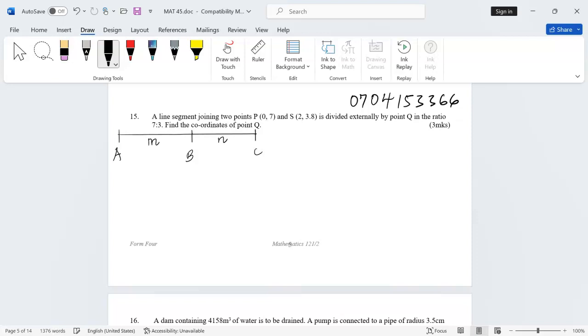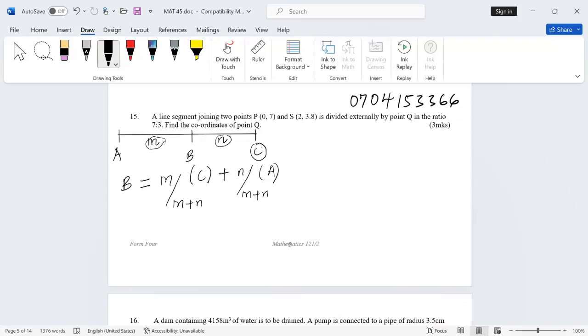M is to N. We usually say that the coordinates of B, which is the middle coordinate, according to the ratio theorem, will be given by the ratio M out of the total proportions M plus N multiplied by the coordinates of C, plus the ratio N out of the total proportions M plus N multiplied by the coordinates of A. Now this will give us the coordinates of B. That is, if this is proportions on this side, then they will multiply the coordinate on the opposite side.